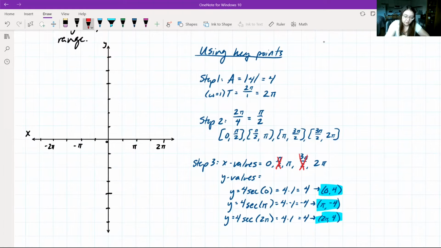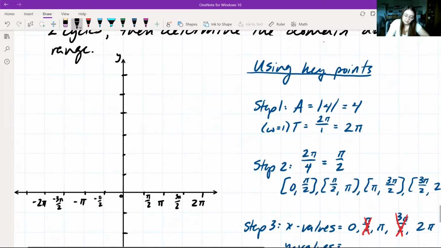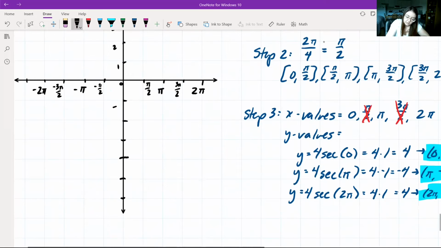So according to our graph here, let's go ahead and mark this up a little bit. This is going to be pi over 2. This is going to be 3 pi over 2. So then this will be negative pi over 2 and negative 3 pi over 2. Then we have 1, 2, 3, 4, 5, 6, and negative 1, negative 2, negative 3, negative 4, negative 5, and negative 6.